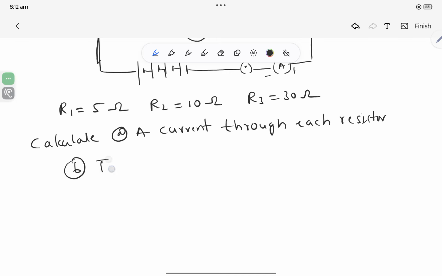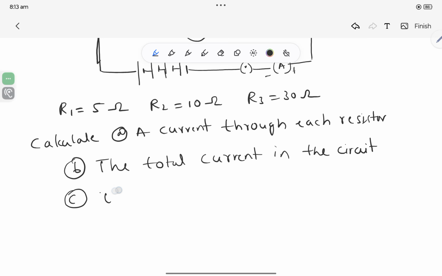The third part is the total circuit resistance. Let's solve one by one.